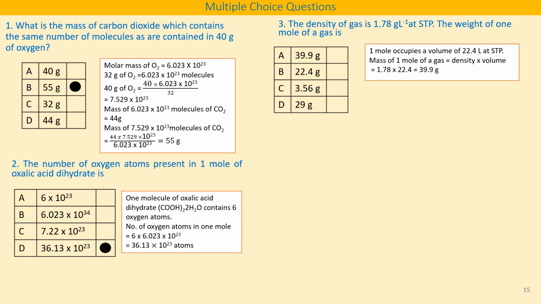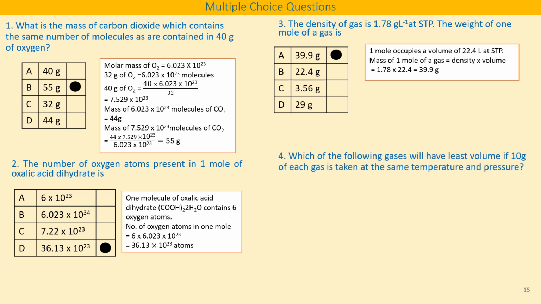The mass of 1 mole of a gas equals density multiplied by volume, that is equal to 1.78 into 22.4, that is equal to 39.9 grams. This is given as option A. Please mark it.